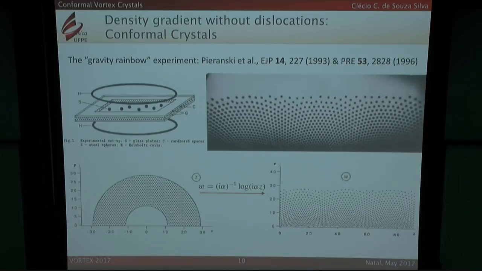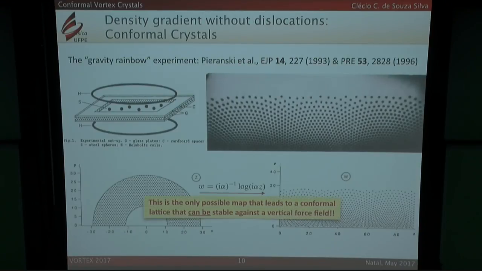And then they realized that, in fact, you can map this back to a triangular lattice using the logarithmic map. This is a conformal mapping that preserves angles. In the case of their experiment, this transformation is only approximate. Another important point is that the logarithmic map is the only one that can give a stable configuration like this.